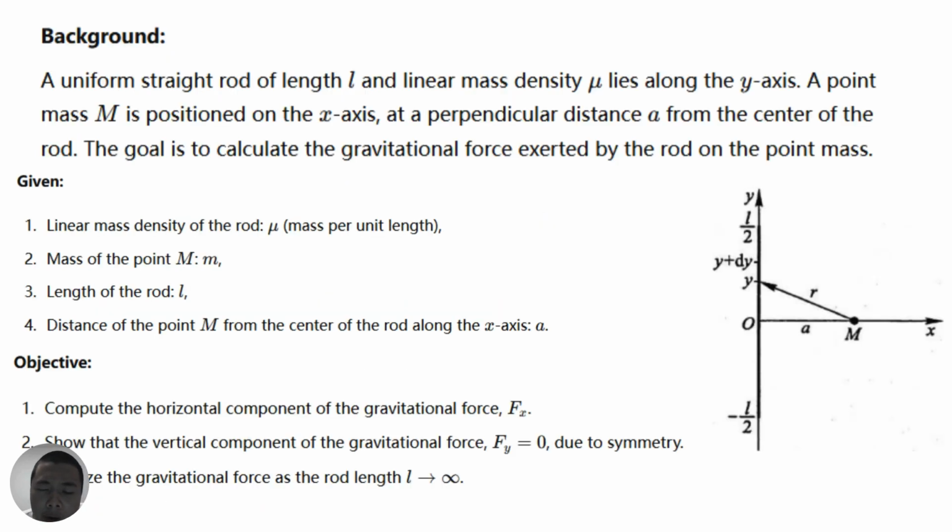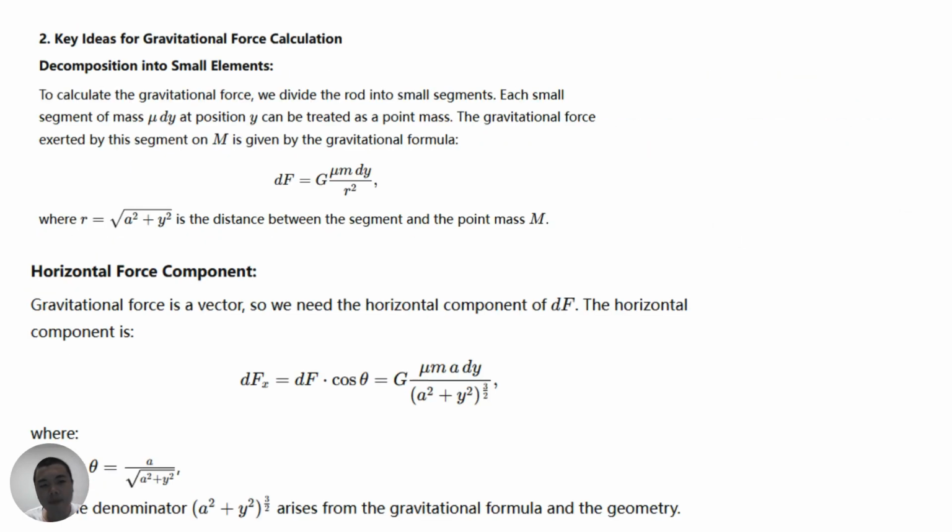Okay, let's see the picture. We put a rod on the y-axis, from negative L over 2 to positive L over 2. Then we choose one point randomly at y, and the distance from y to m is r, and from the origin O to m is a. Then we decompose the rod into small elements.